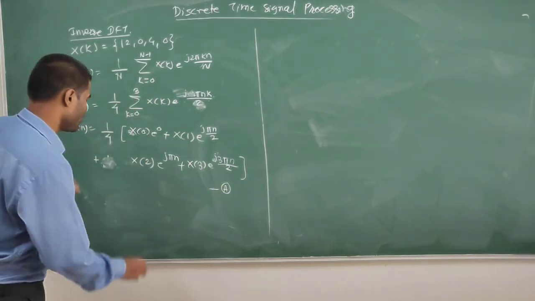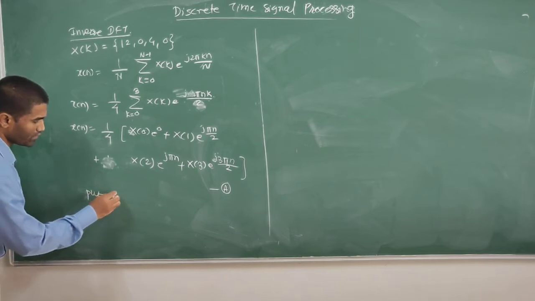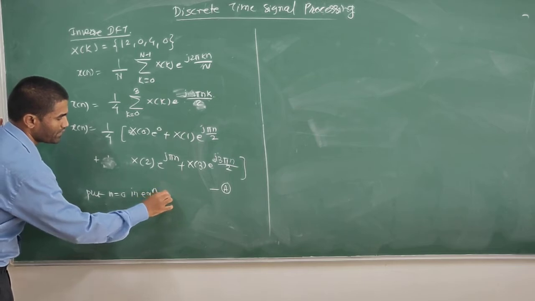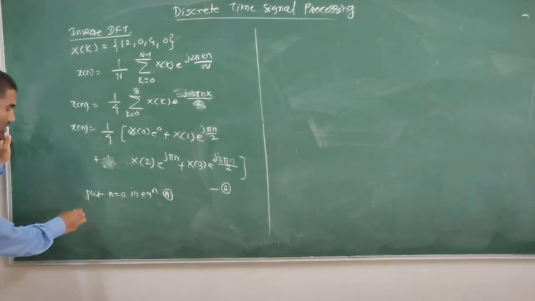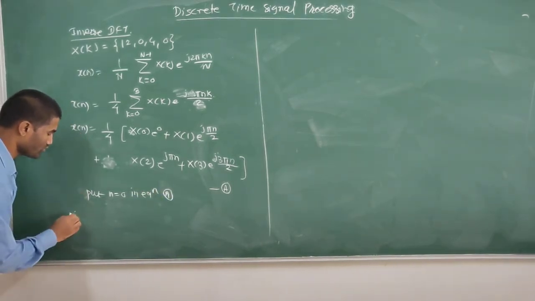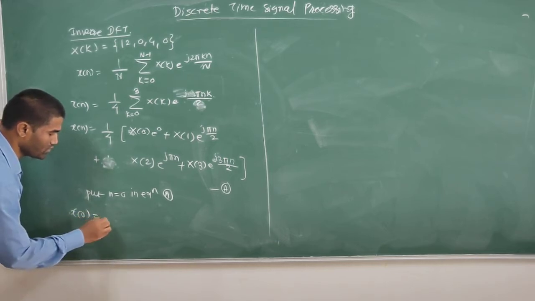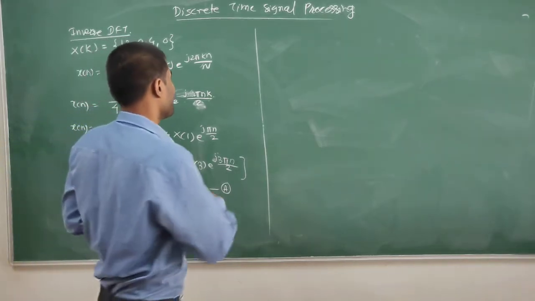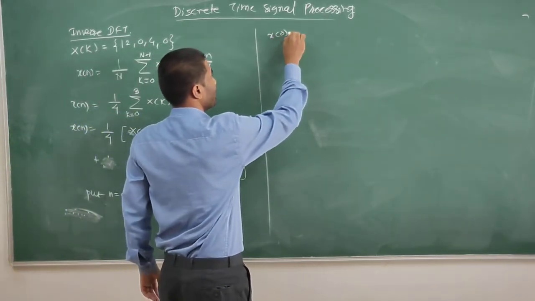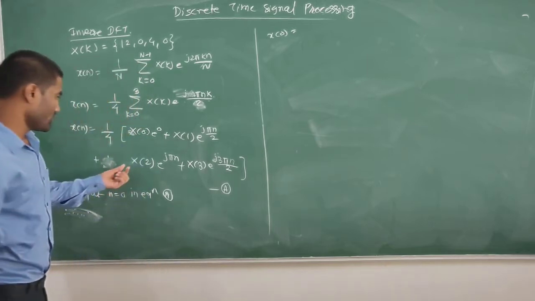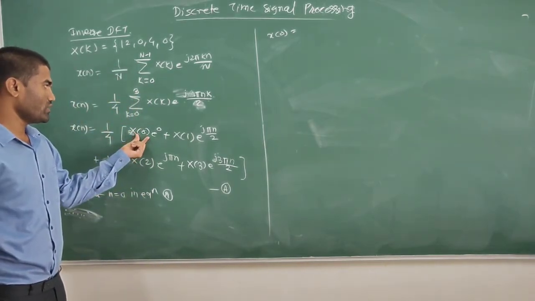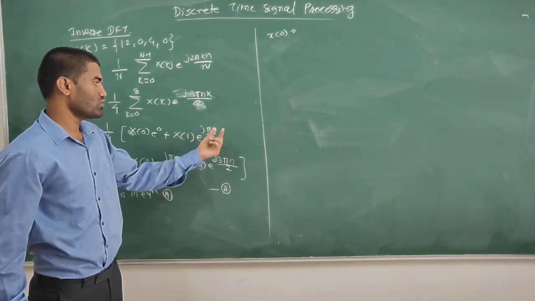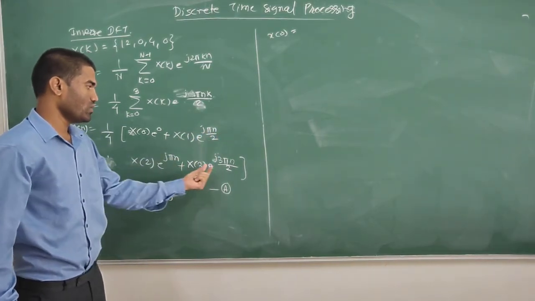So what you have to do, you have to put small n equal to 0 in equation A. So what will happen in this case? So n equal to 0. So x of 0 is equal to, I will write over here because it is not very visible. So x of 0 is equal to x of 0 e raised to 0, plus x of 1 e raised to, if I am putting the value of n equal to 0, so e raised to 0, again e raised to 0, e raised to 0.